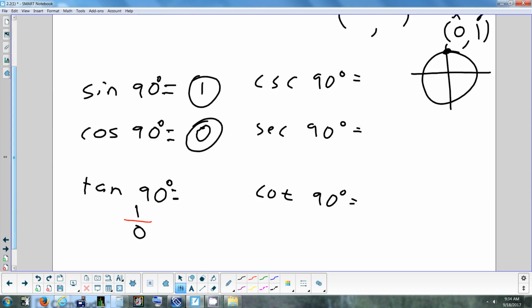You can't do it, so what do we write? No, we don't write 0. 1 divided by 0, if you wrote 0, that means you can do it. Nope, not 1. To get 1, you have to divide two things that are the same, like 5 over 5. Undefined. Okay, so 1 over 0 is undefined.